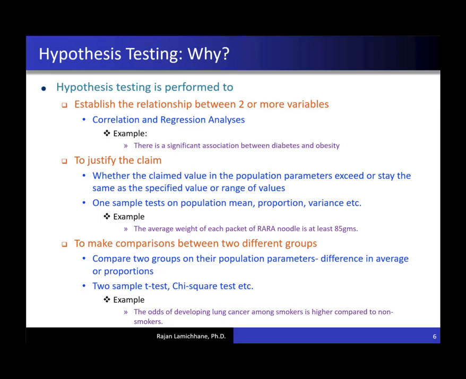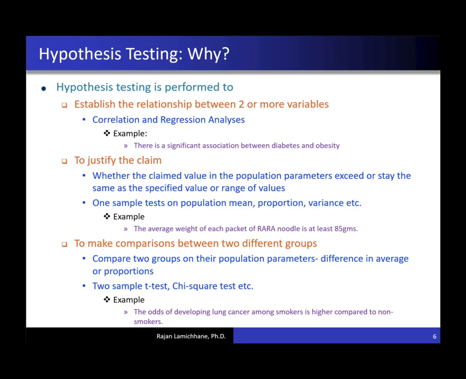At that time we need to do some kind of estimation by taking a sample from different counties. So, in order to justify the claim, we also perform hypothesis testing, and some of the statistical tools for that are one sample tests on population mean, proportion, or variance. And here is also an example. The average weight of each packet of Rara noodle is at least 85 grams.